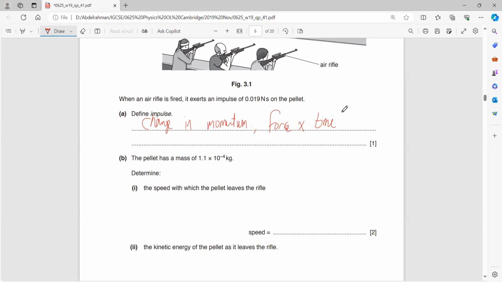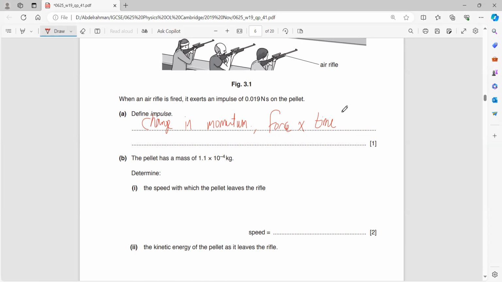Determine the speed with which the pellet leaves the rifle. Nice question. How do I calculate the speed? What equation can we use in this question? Does anyone know? Distance over time? No, not distance over time at all, you don't have distance or time.